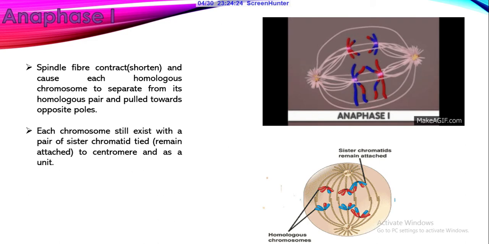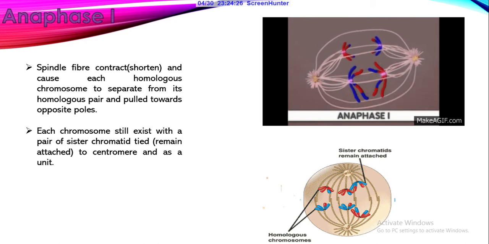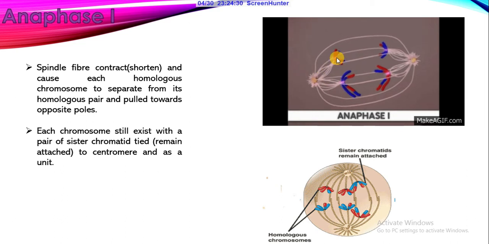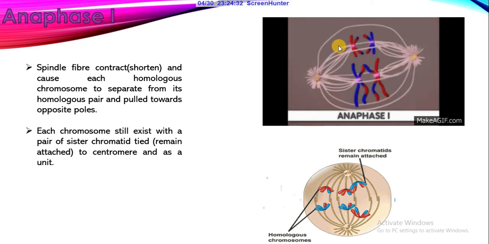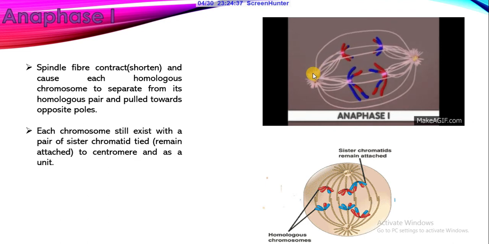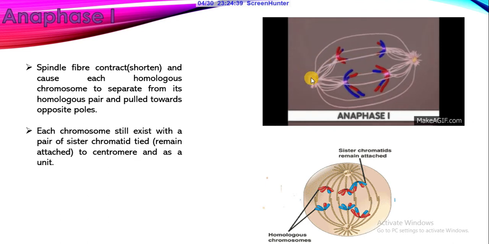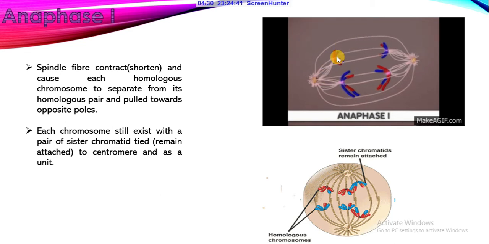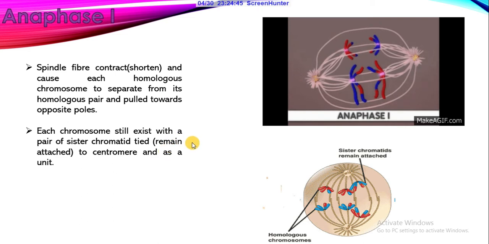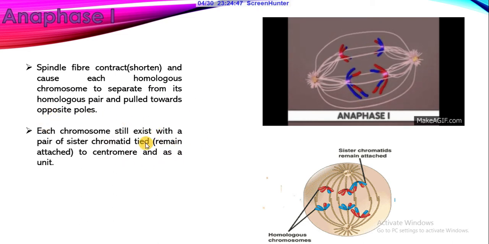So for anaphase, the spindle fiber contract or shorten. If you can see here, when it shorten, it will separate the homologous chromosome towards the opposite pole, depending on which spindle fiber is attached to its centromere. And each chromosome still exists as a pair of sister chromatid.